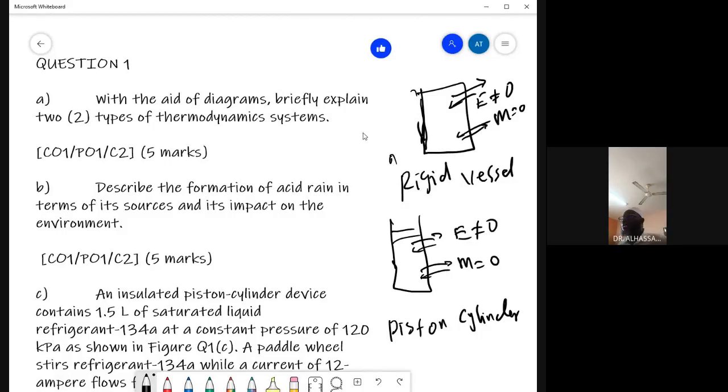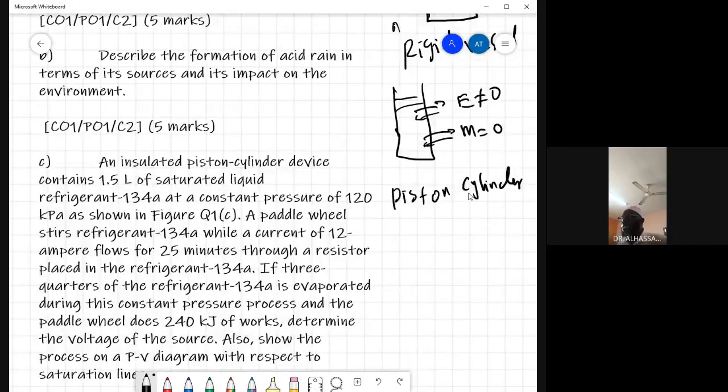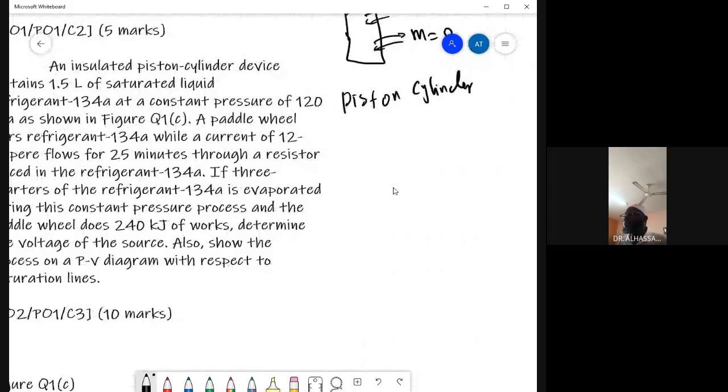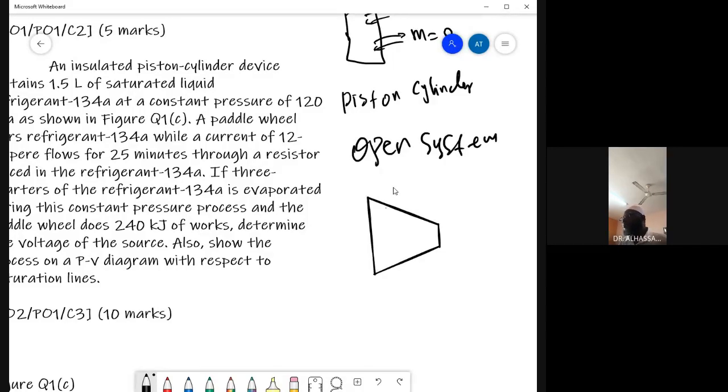You can also give another example, such as an open system. In an open system, you can give an example where we have, let's say, a turbine, or let's say a nozzle.